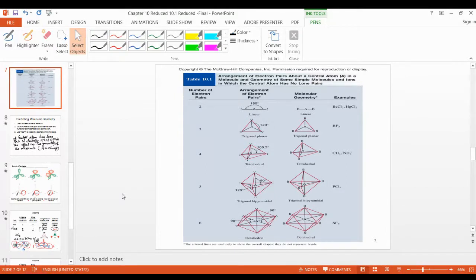You have to memorize the names of the geometries. The name of the arrangement and the name of the geometry of the molecule are the same here. No change at all. Both are the same. But for the other 3 molecules, I gave you examples, the geometry has been changed because of lone pairs of electrons. Now this example is finished. Chapter 10 is finished, and I will take another class.